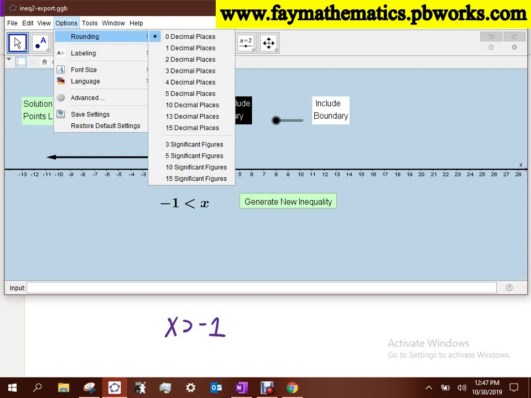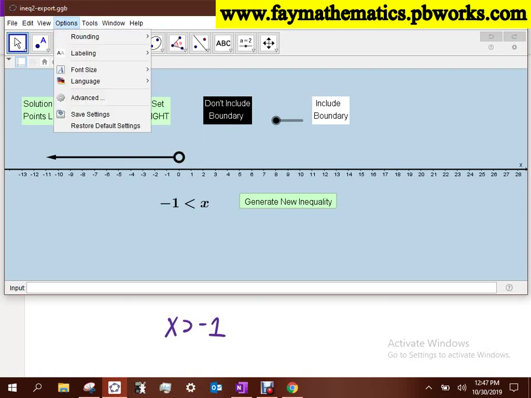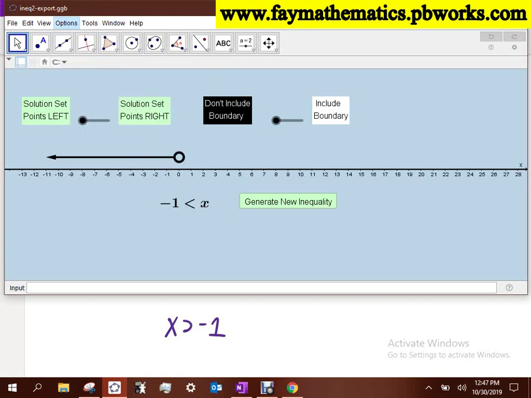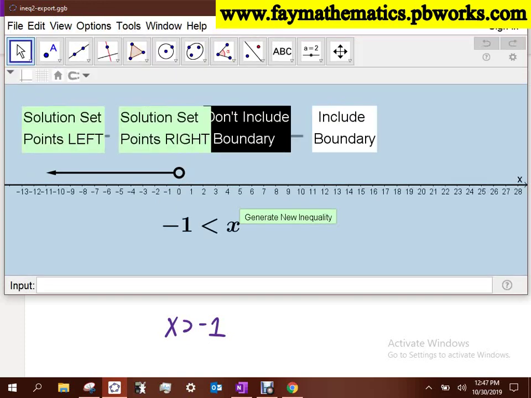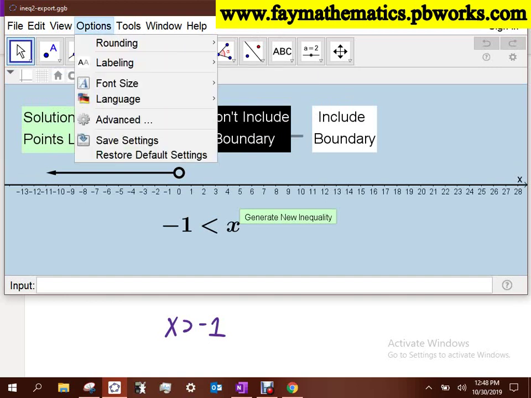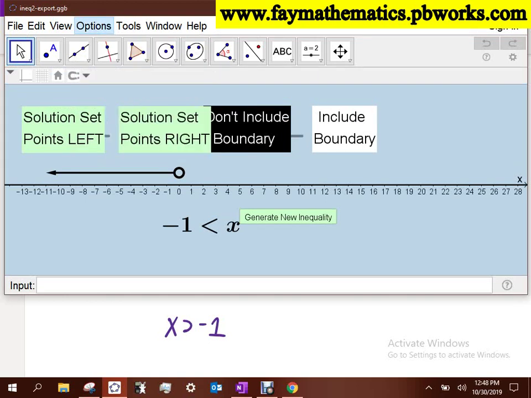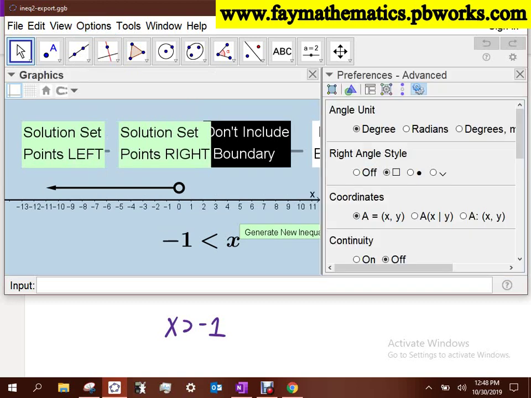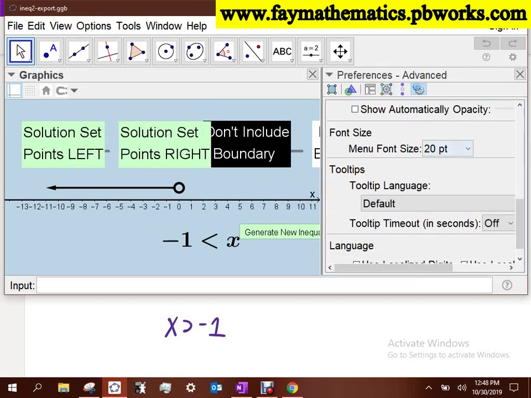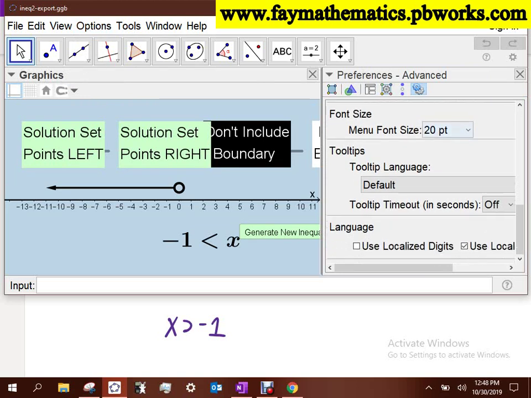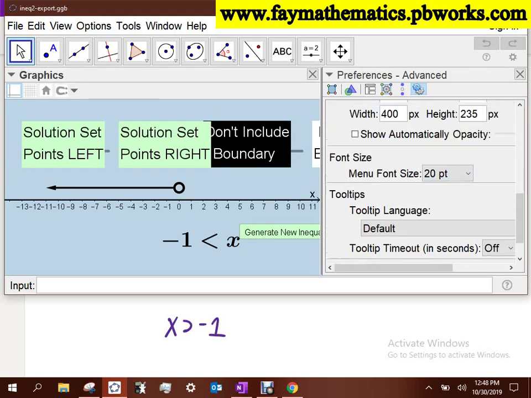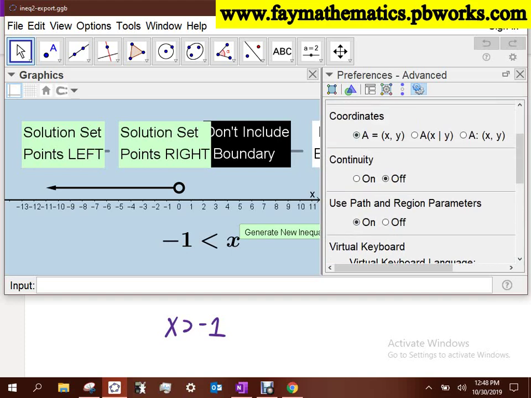So let's see here. I can change the labeling or the font size here so you guys can see it a little bit better on my axes. Options, advanced.